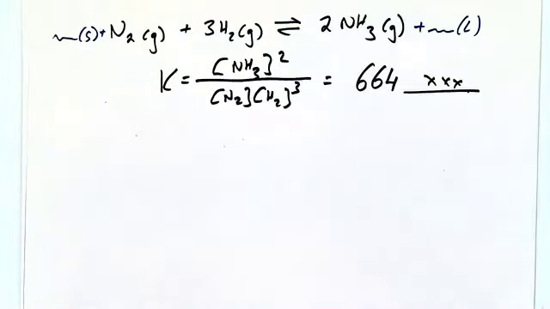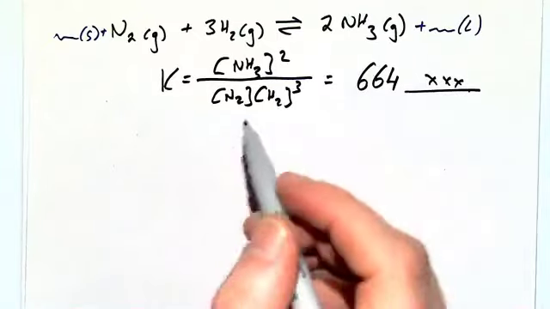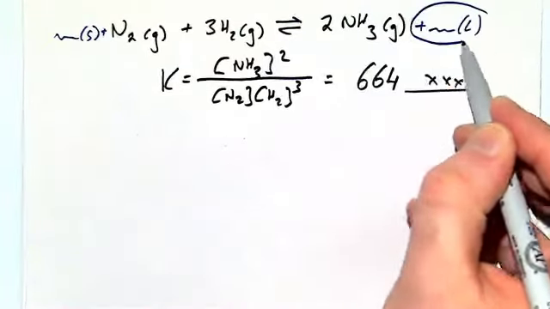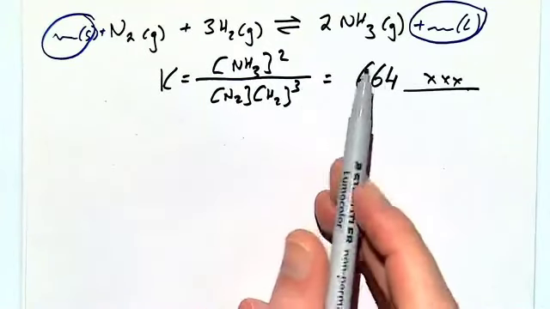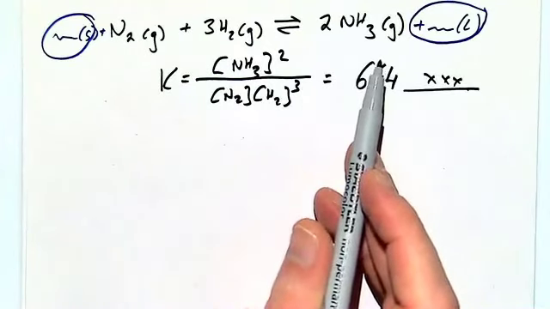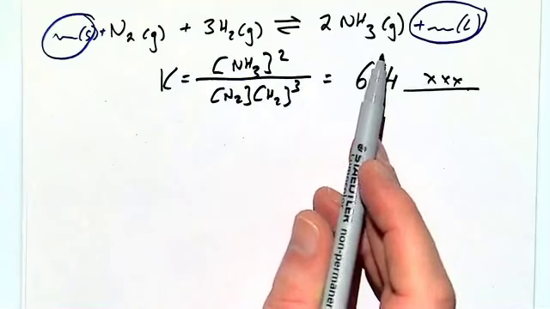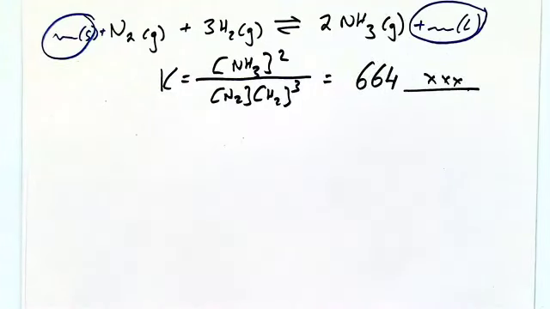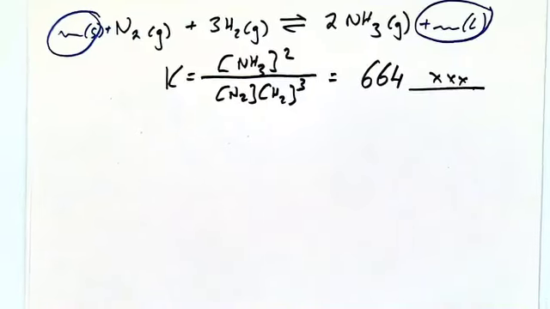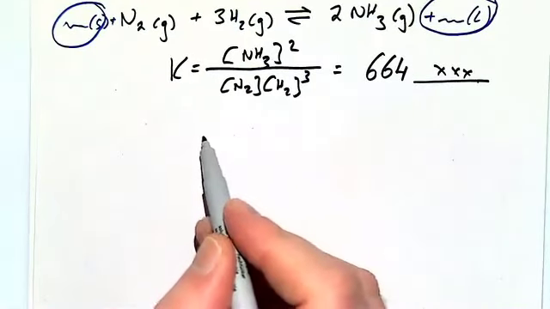In other words, they don't contribute anything to the overall equilibrium change. So we don't include anything that has a liquid or a solid symbol in our equilibrium expression, only gases and aqueous concentrations. So if we had a liquid here or a solid, we wouldn't include those in our expression.